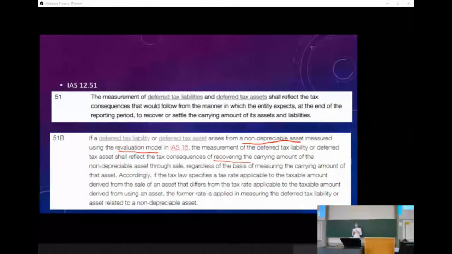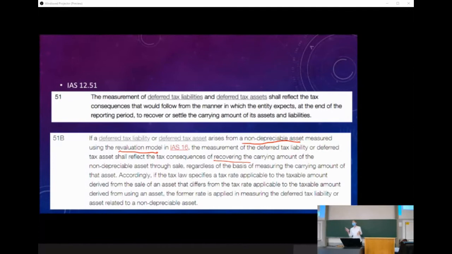Up to now, when we had land on a cost model, we measured deferred tax as if we are going to recover through use. However, now the moment we revalue, we measure deferred tax as if we are going to sell that asset, the land. So that means that we are going to have to use our capital gains tax rate to measure that deferred tax. Good.